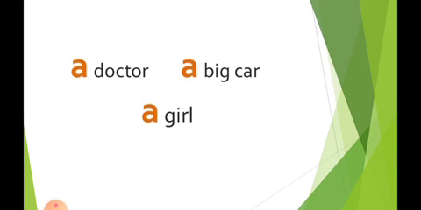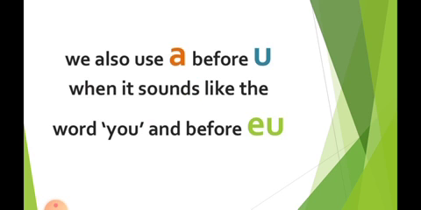Here car is a noun, big is an adjective. Before this we used a because B is a consonant and it is a singular noun. A girl. Here also G is a consonant and it is a singular noun. A doctor, a big car and a girl.